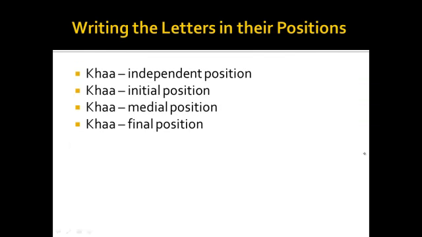Now let's look at the kha in its 4 positions. So again, we said here that the kha comes in 4 positions out of the 4 positions that Arabic letters have. And in our initial position, independent position, the kha looks like this. And it looks just like the ha and the jim, which we discussed before, but it has a dot above the letter.